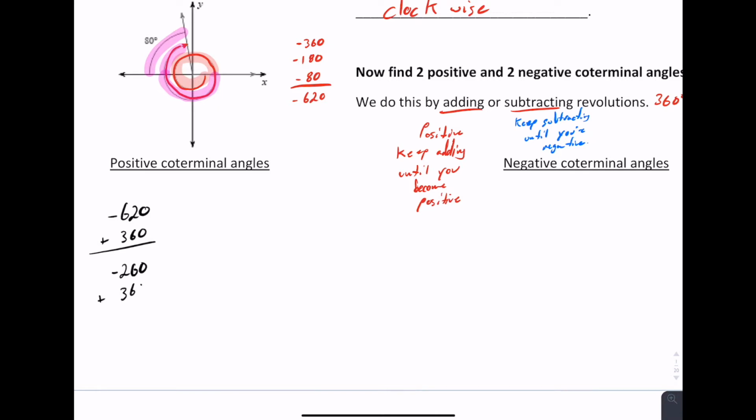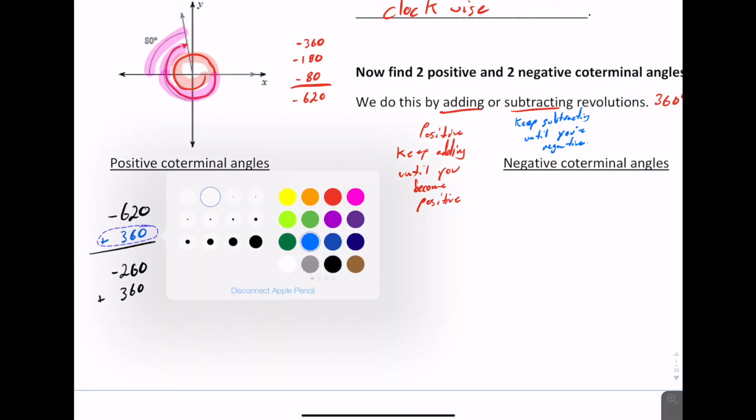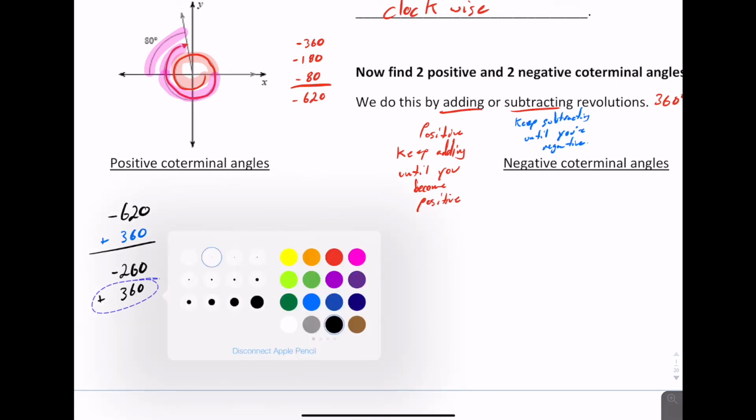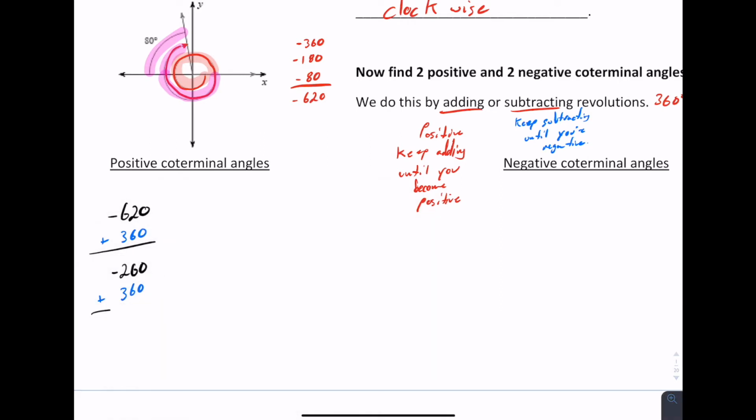So plus another 360. And I'm going to make the 360 blue because that's what we're doing to it. So negative 620 plus 360 plus 360 is 100.